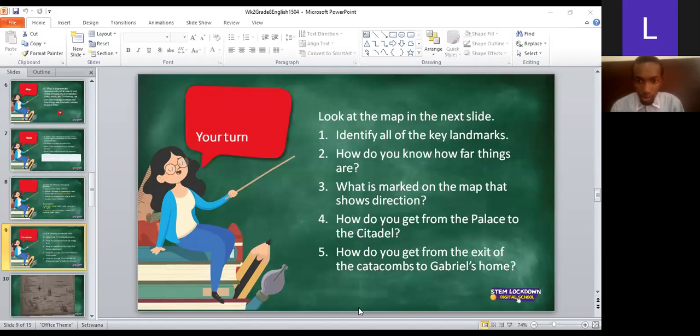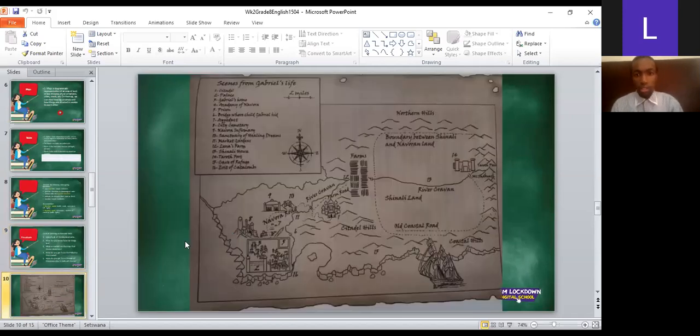Okay, we are at number 3. What is marked on the map which shows direction? Let's go to the map. If you look at that box at the left corner again, those are the keys, there's the scale, and then you see what we call a compass.